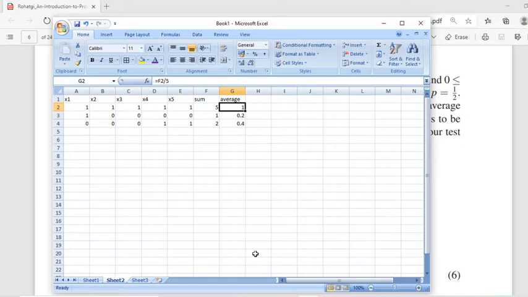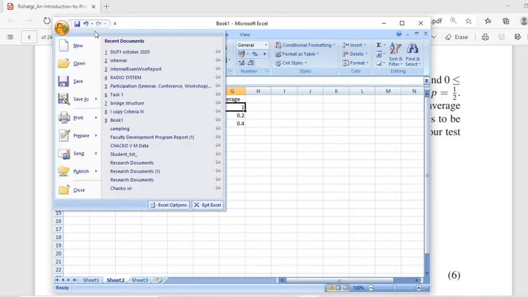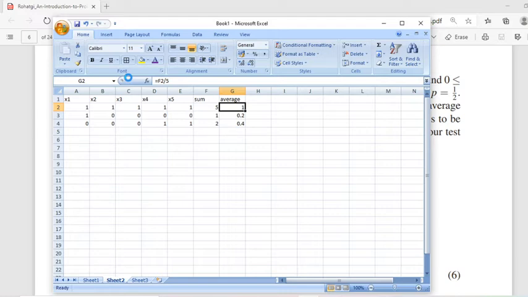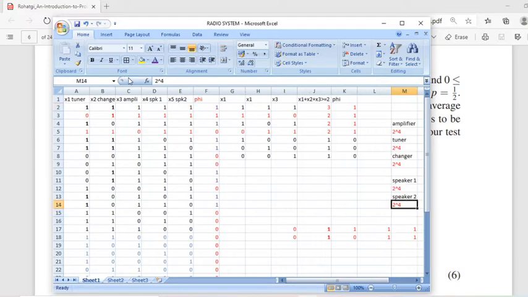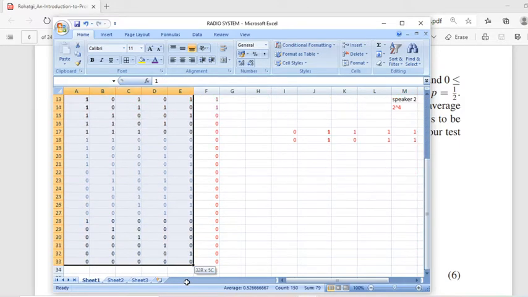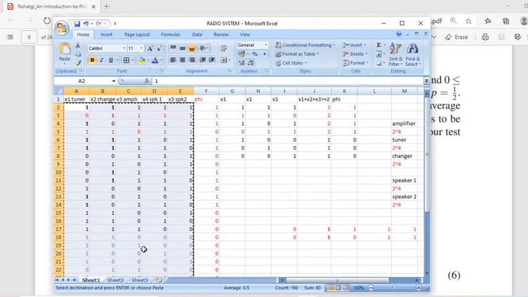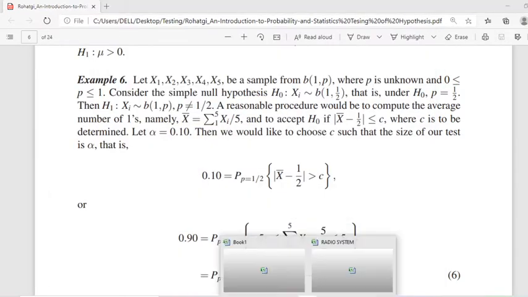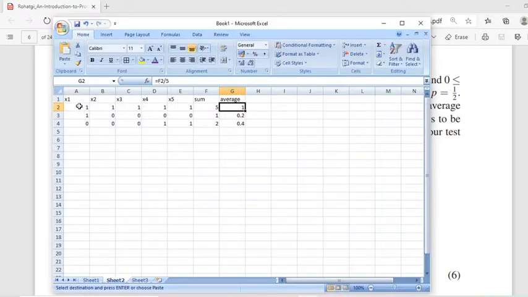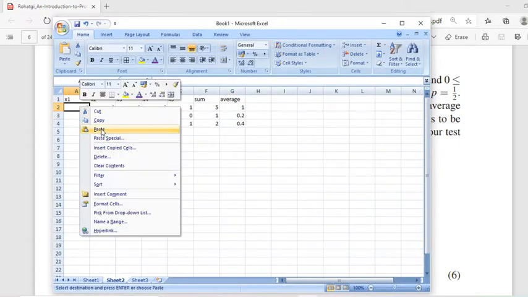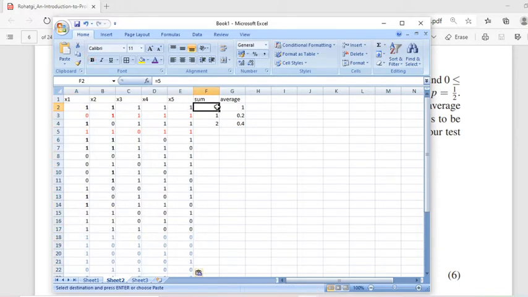Okay, let us consider all other observations. I will paste this observation here. Let us take the sum as a formula.